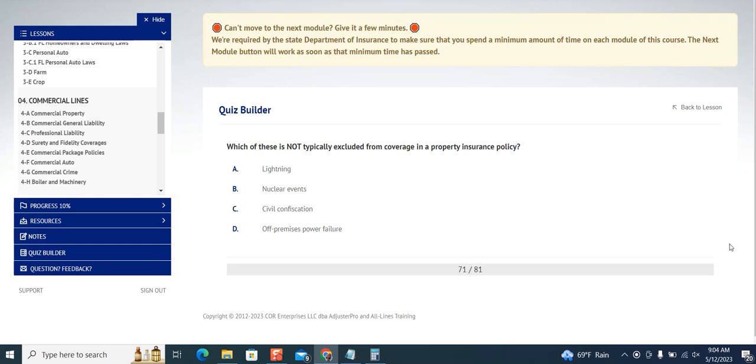Which of the following is not typically excluded from coverage in a property insurance policy? Which of these is not typically excluded? So things that they're going to exclude, if a nuclear event happened, they're not going to cover that.